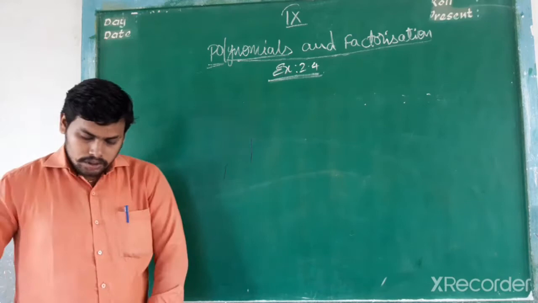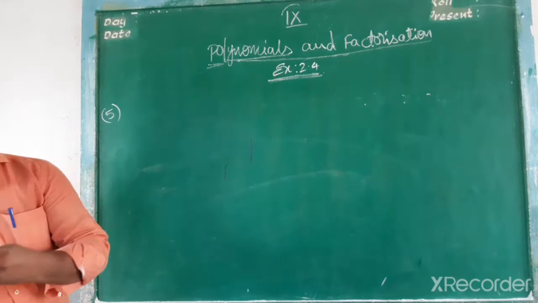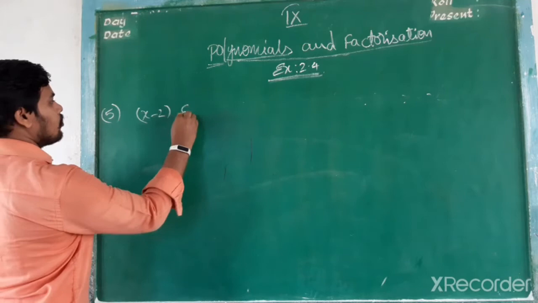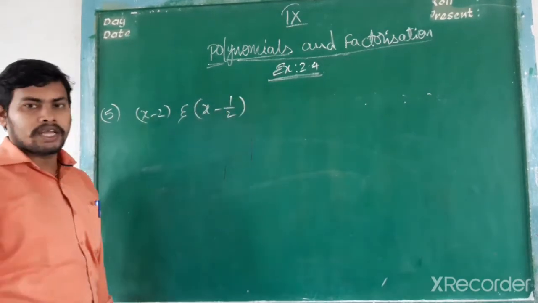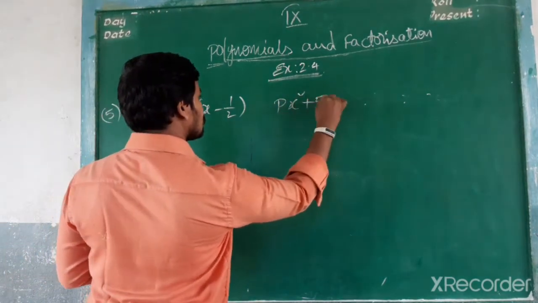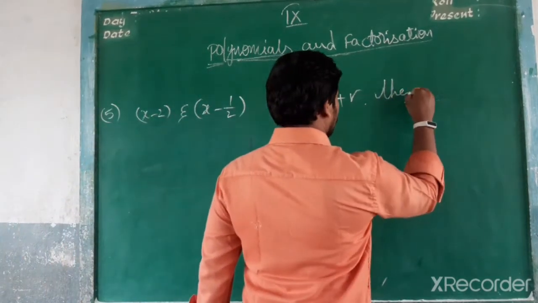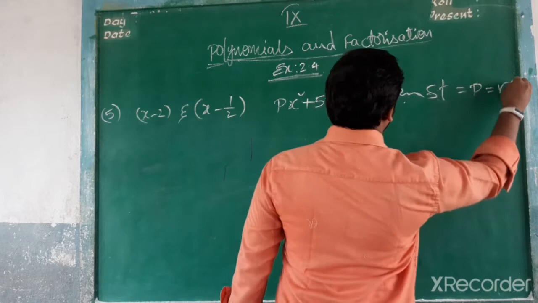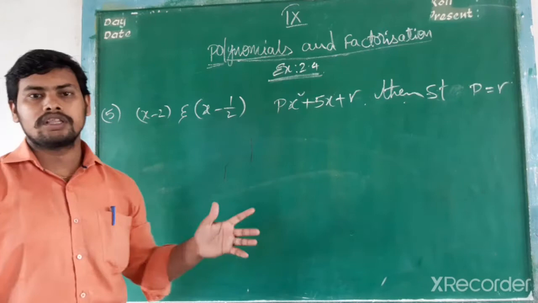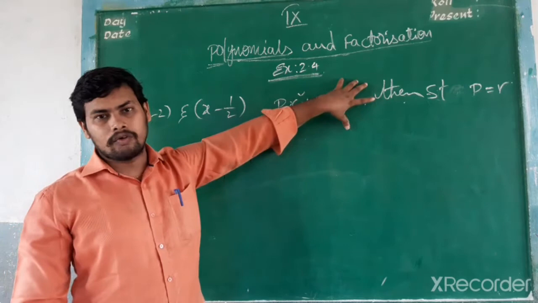If both x minus 2 and x minus 1 by 2 are the factors of p x square plus 5x plus r, then show that p equal to r. Already he told that these two are the factors of this particular polynomial, so the result must be equal to 0.